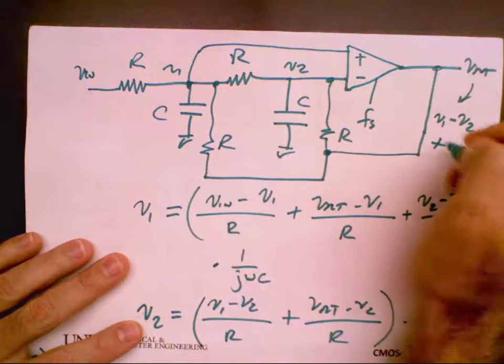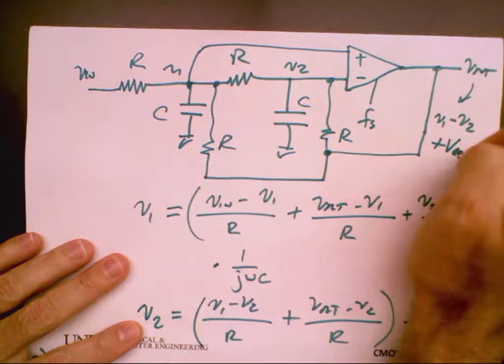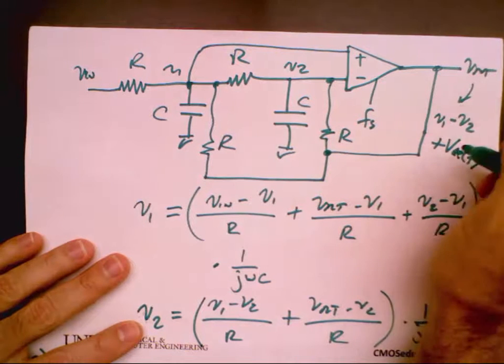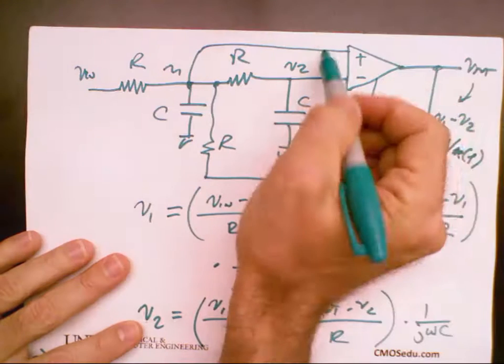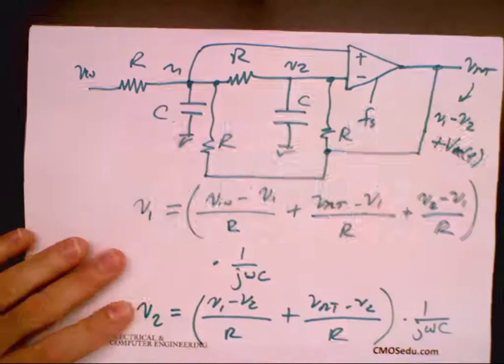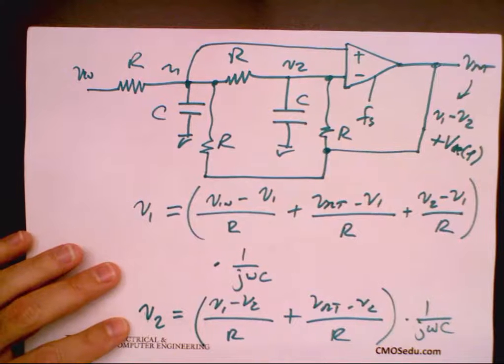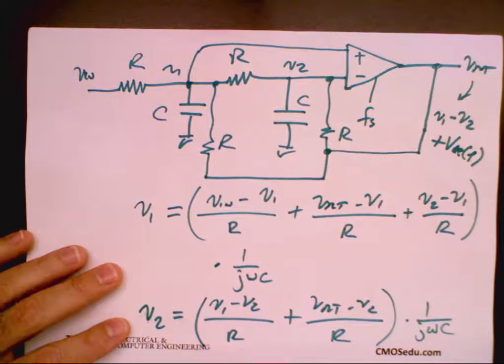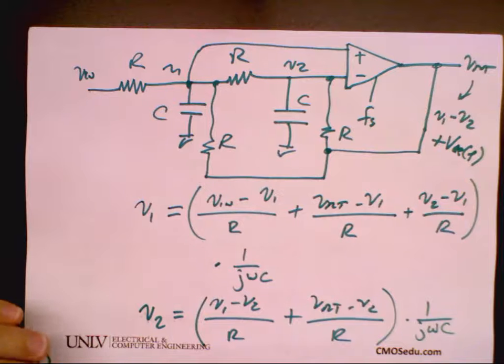Yeah, plus the quantization noise that we add, right? So VQE of f. Anybody not understand this? So this voltage minus this voltage plus the quantization noise. Yay or nay? I hopefully put that in there somewhere. Yes, I did. The quantization noise added to V1 and V2 is VQE1 and VQE2. I used two different values for that, VQE1 and VQE2, and called it VQE.